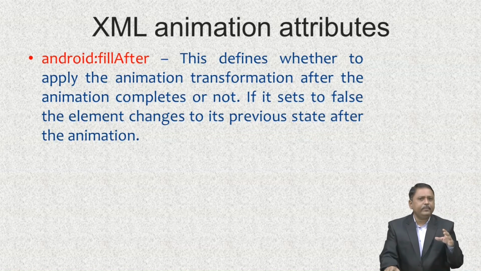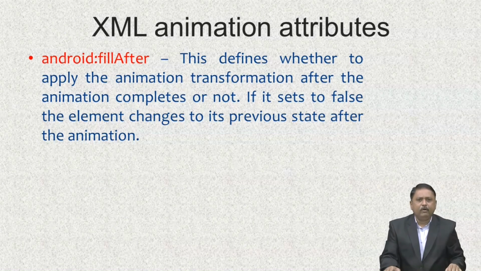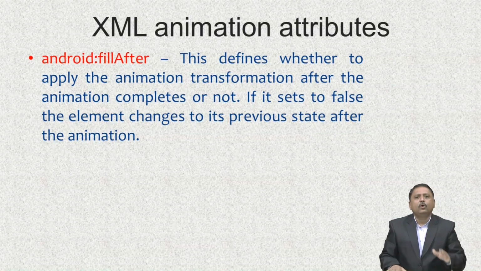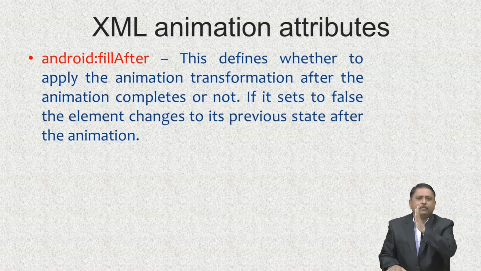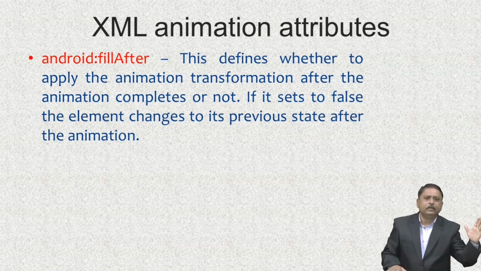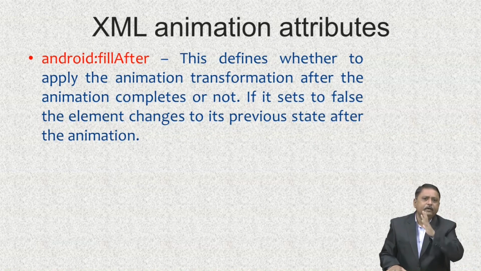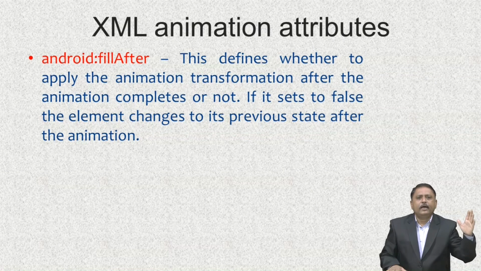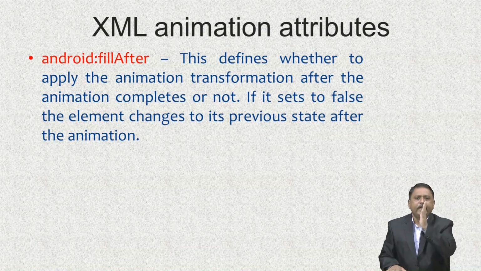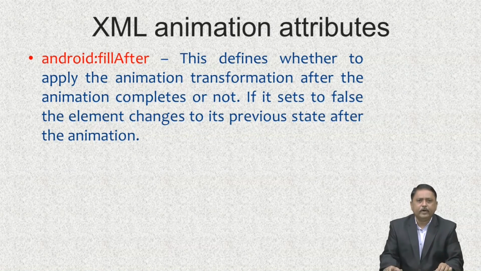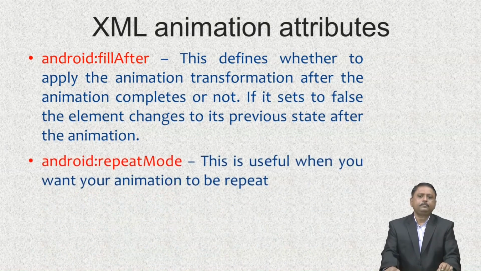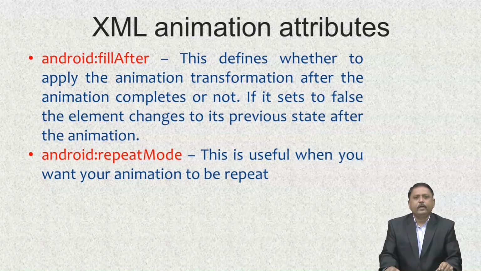Now, what does it mean? Suppose I have performed translation. So, it moves the object from one place to another place. After completing translation, suppose I want to move that object back to its original place, then I have to set this property to false. Then we have repeat mode.